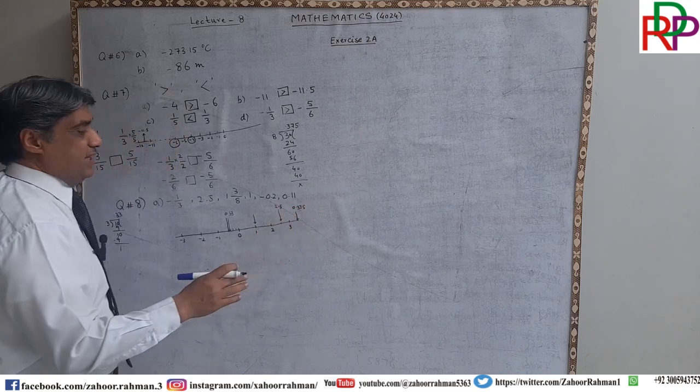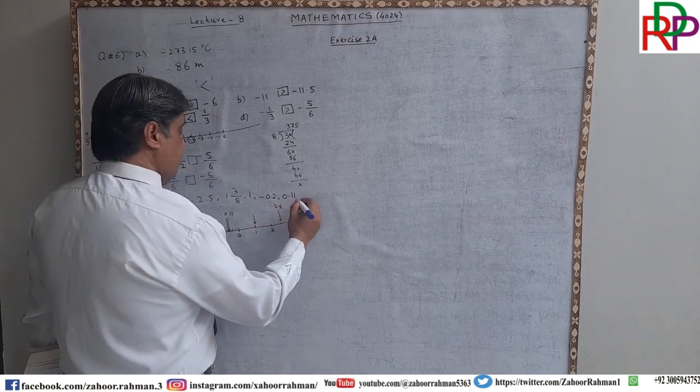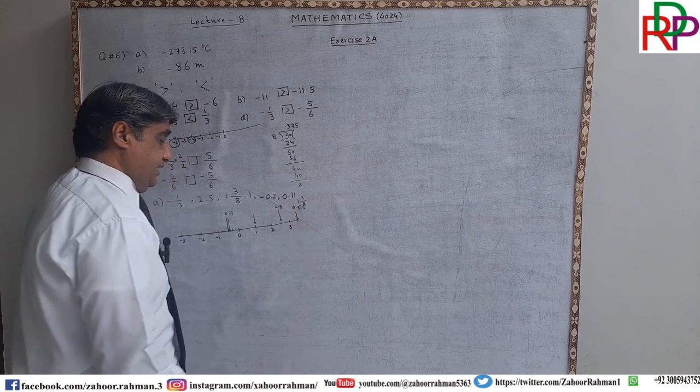You don't have to write it as 0.375. You have to write 1 whole 3 over 8 here.